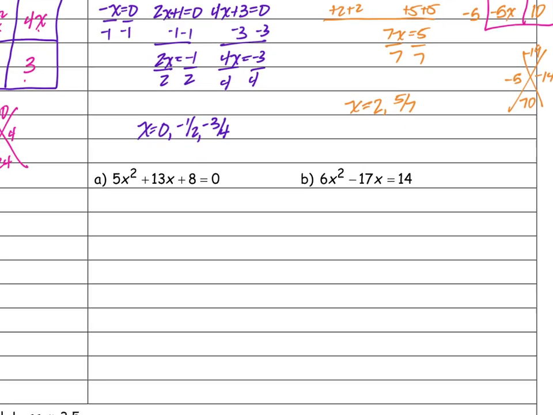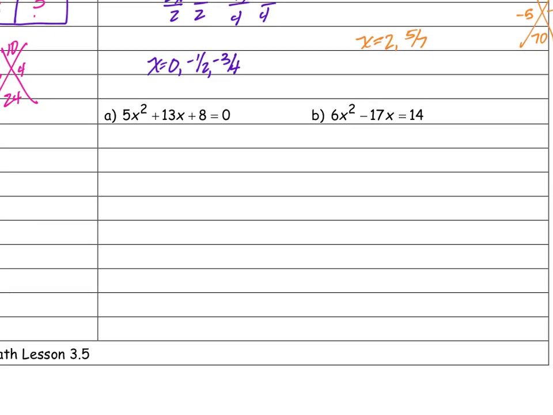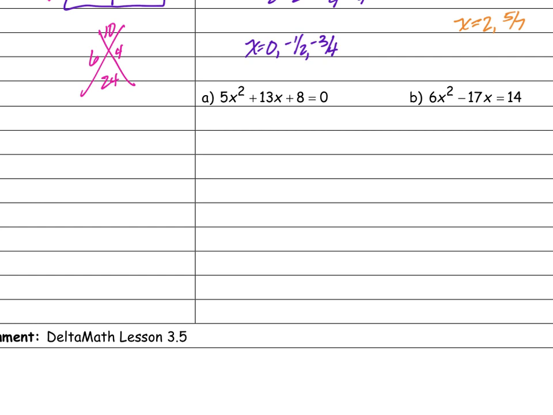So I'm going to give you a little bit more time on A and B. On the first one, let's see. I've got 5x squared and 8, and then I need two numbers that add to be 13 and multiply to be 40, which is 5 and 8.